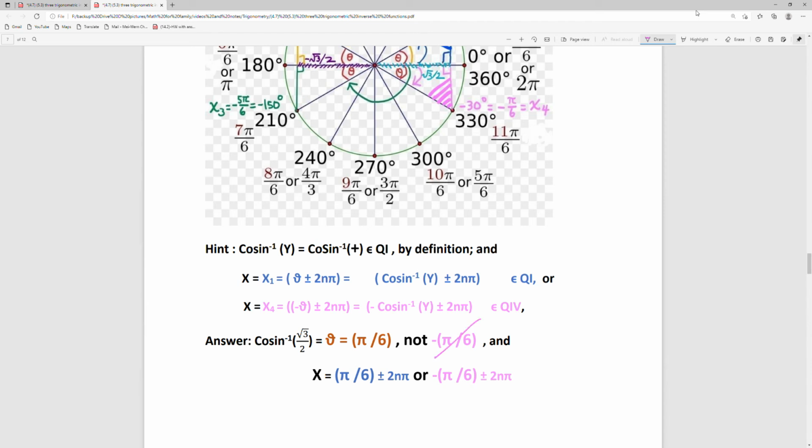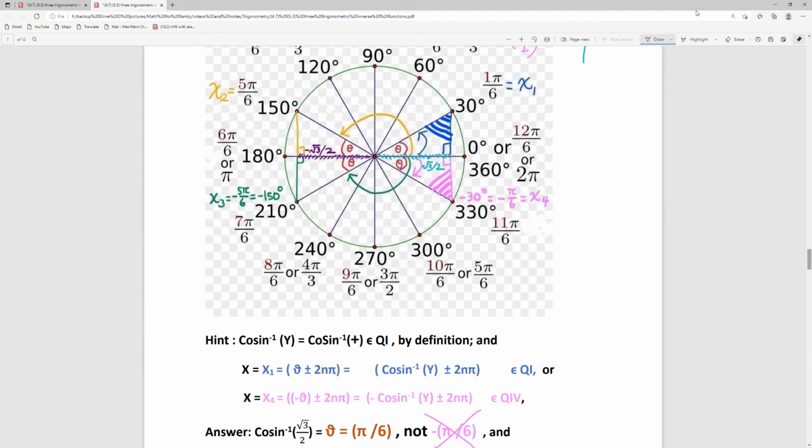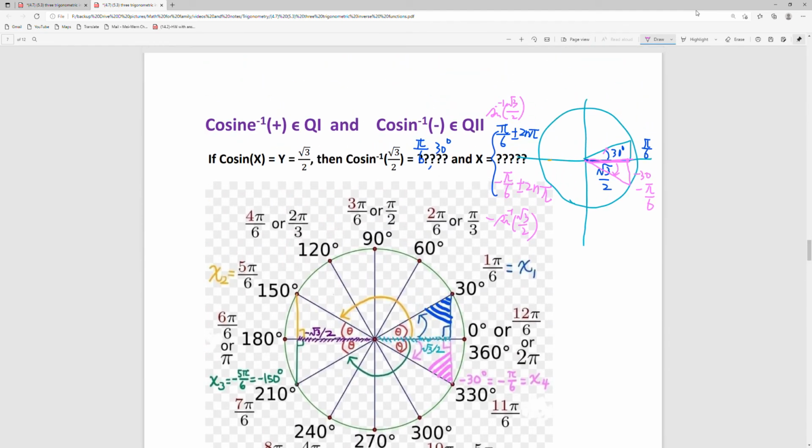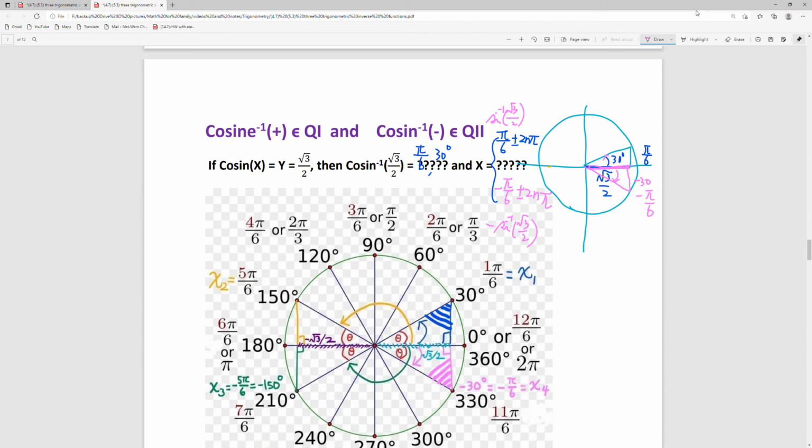Okay, again, arc cosine. For arc cosine, you don't use this angle, but when you find the general solution, you need to use both angles. Okay. So this is the solution for arc cosine. I think I probably mentioned arcsine. That's not arc cosine. Okay, the solution for cosine.